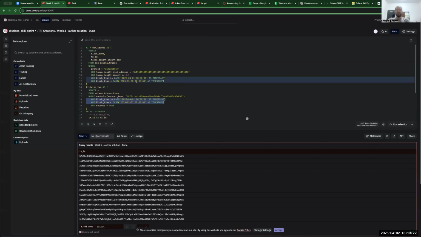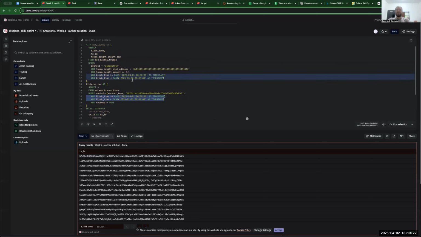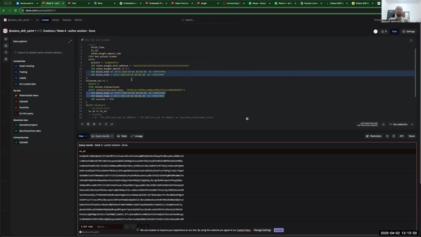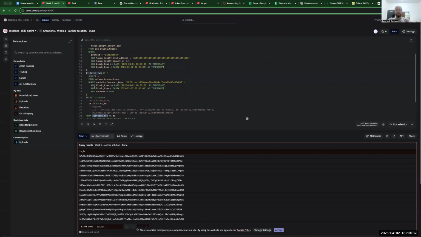Here is the time condition, of course. It's the one which I gave in the task. And here are the filtered transactions. Now here's the trick. From the big table of Solana transactions, we are going through all the transactions which first of all have the contract address of pump.fun.